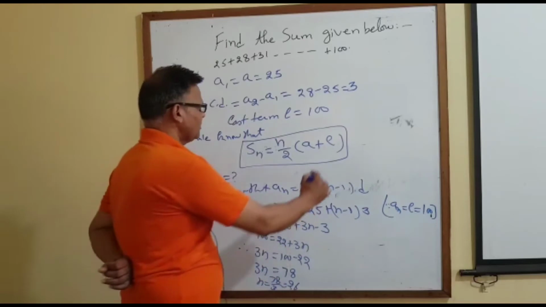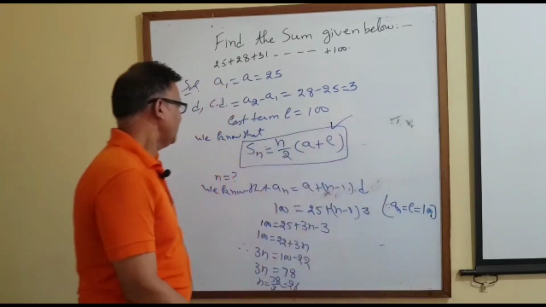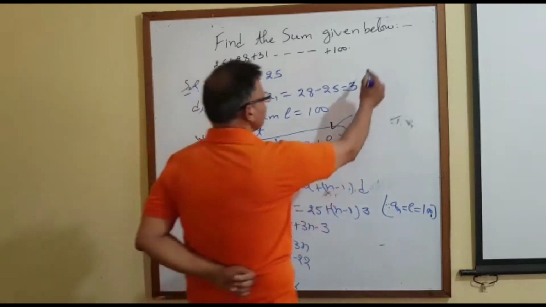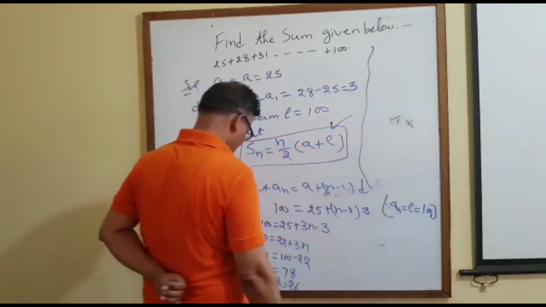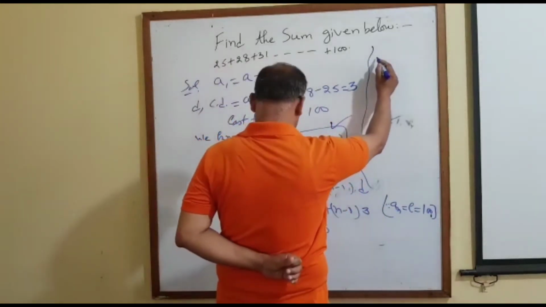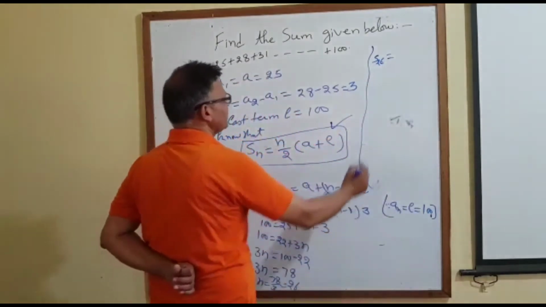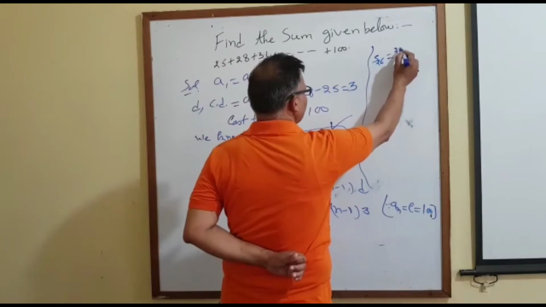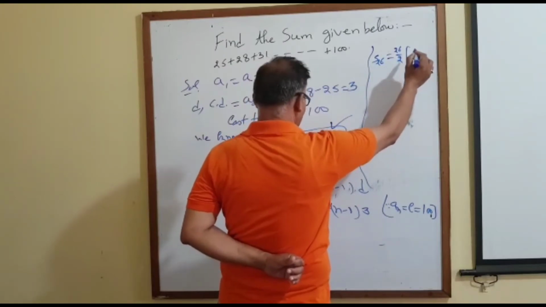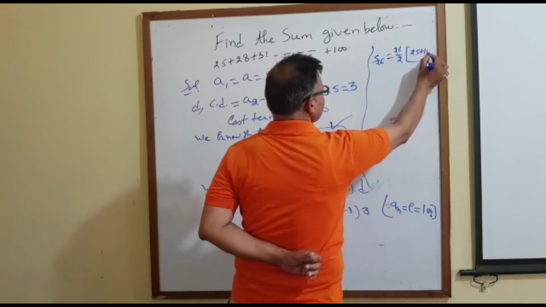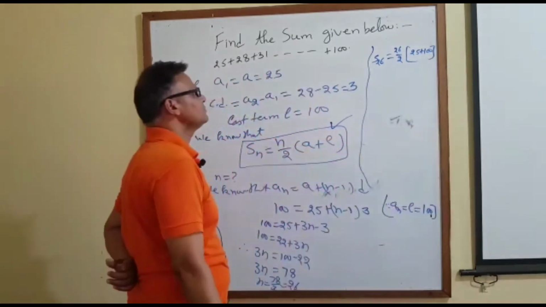So now we can put the values here and find the sum. As n is 26, Sn is equal to n over 2 into a, which is 25, plus l, which is 100.